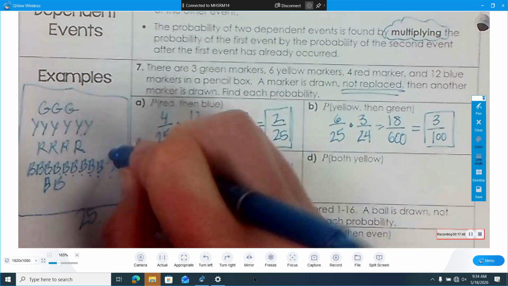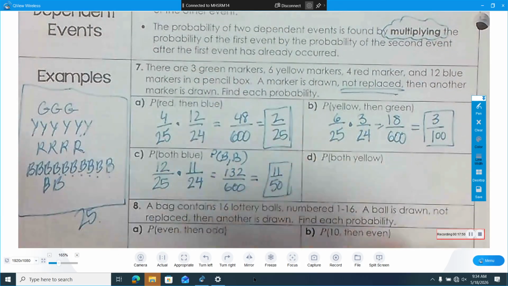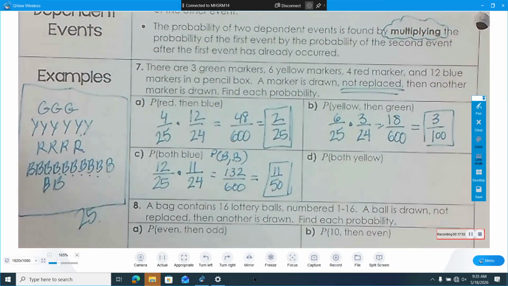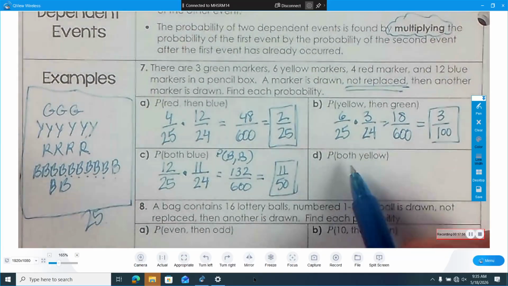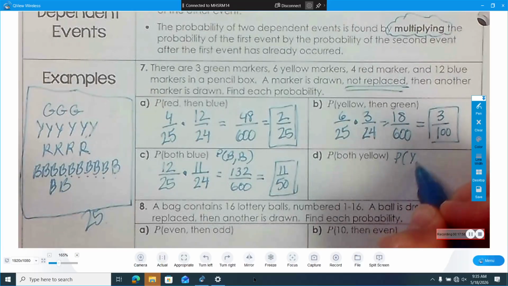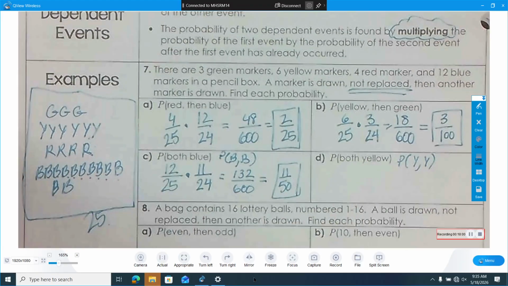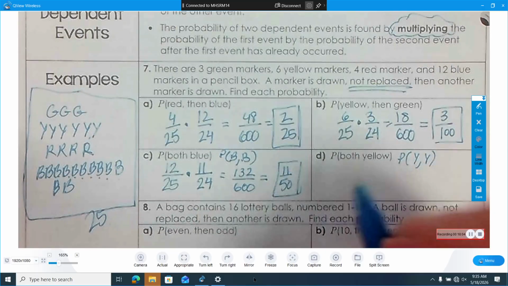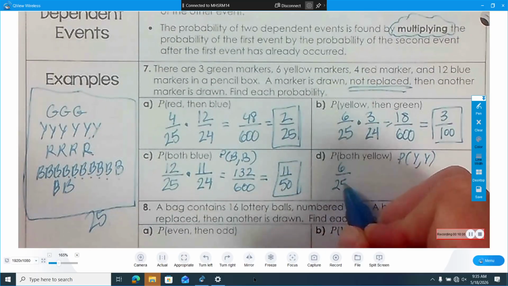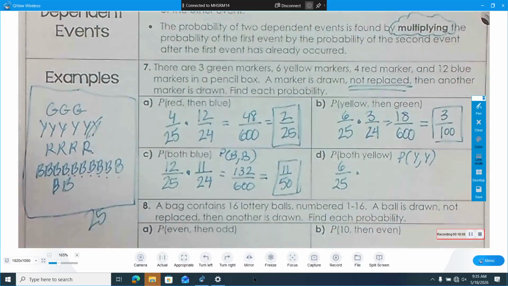All right, now I'm putting my blue marble back in there. Got a full bag once again. What's the probability I get a yellow followed by a yellow? What's the probability of drawing a yellow? 6 out of 25. So, I got one.